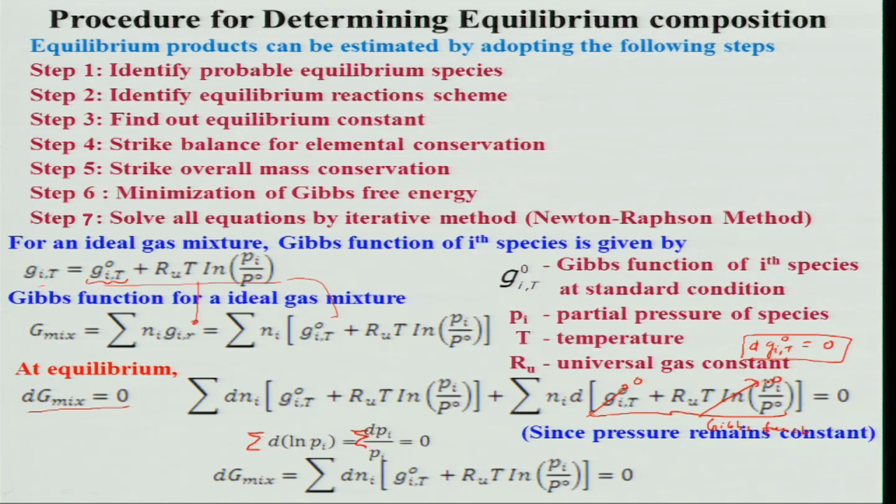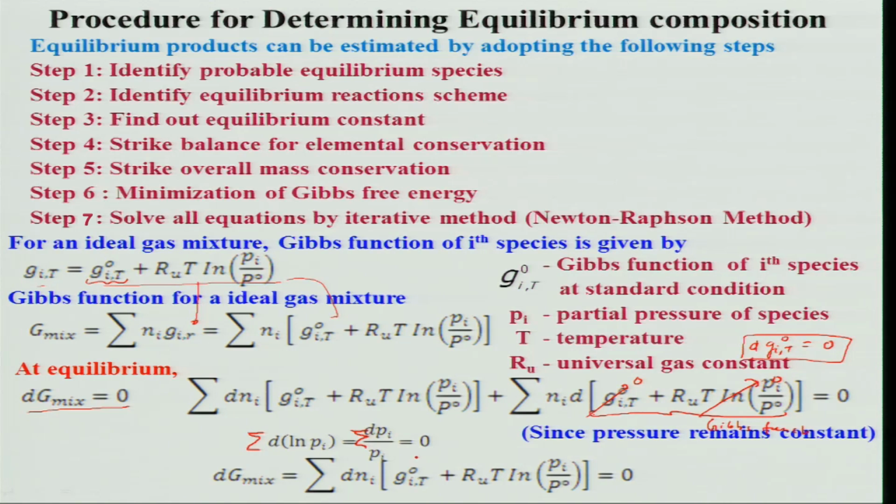So what you will get is dG of the mixture is nothing but dn_i into the Gibbs function for the ith species. This is a very important expression you should keep in mind, which is used for finding out composition.